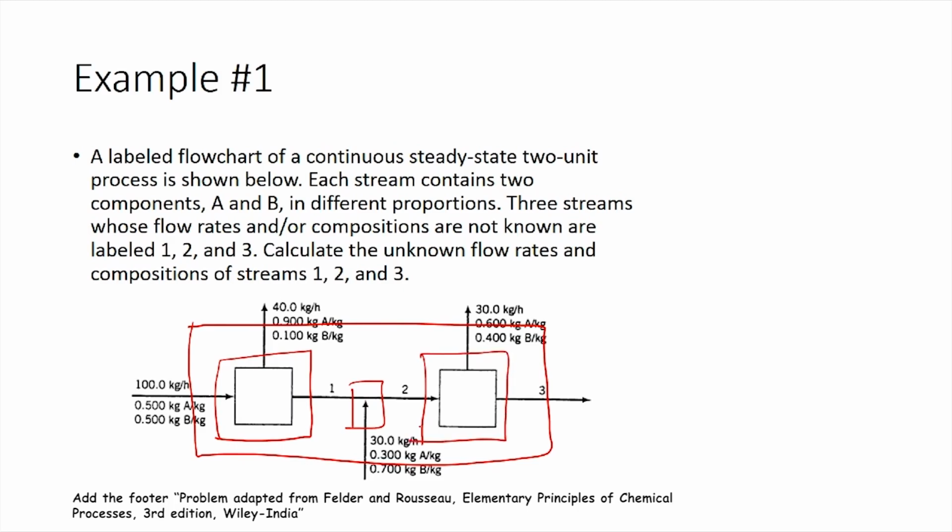You could also have combinations of unit 1 and mixing point or mixing point and unit 2 and so on. Now that we have the possible systems, we will start with the overall system. That would be the easiest and most efficient way to solve such a problem.